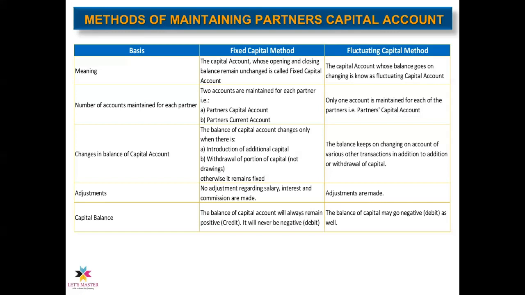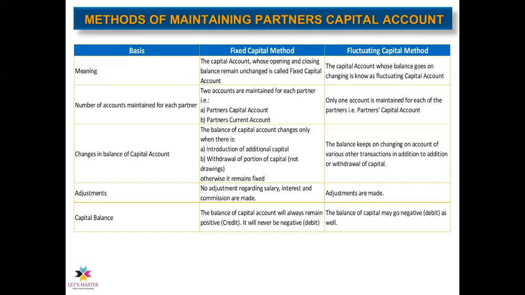If we talk about adjustments, no adjustments regarding salary, interest, and commission are made in the partner's capital account. Whereas in case of the fluctuating capital method, all the adjustments are made. If we talk about the balance of the capital account, it will always remain positive or credit.